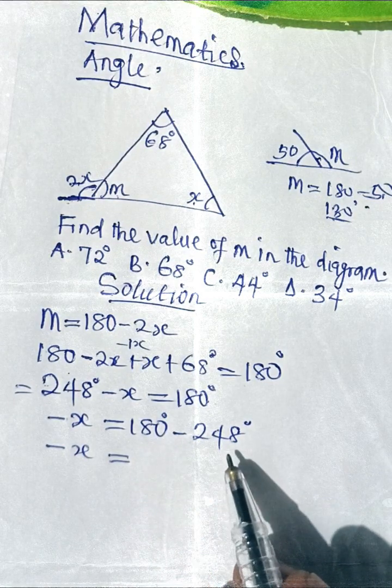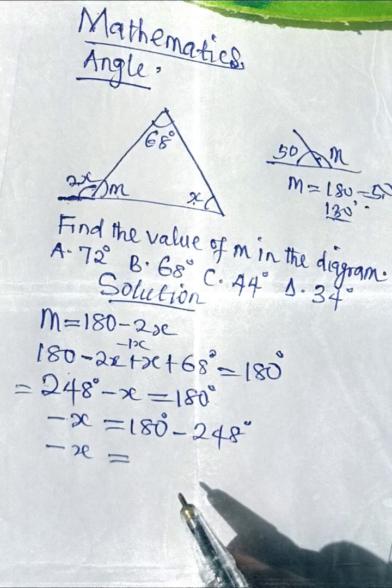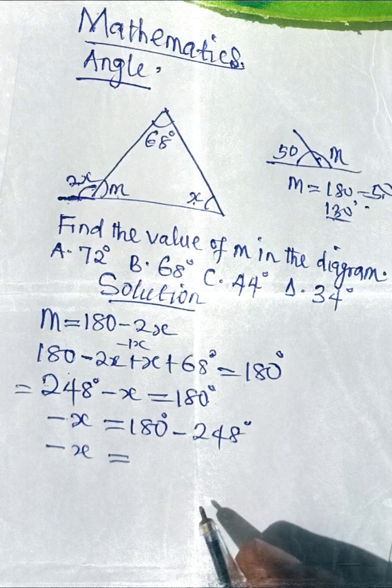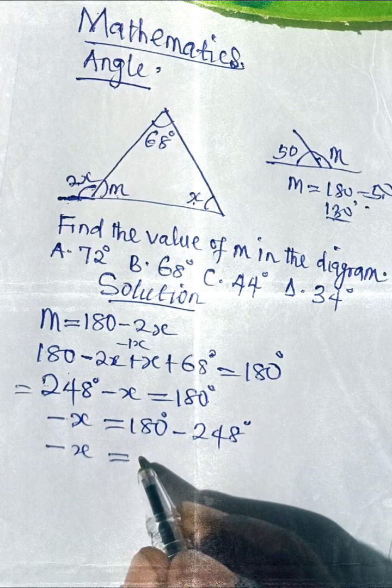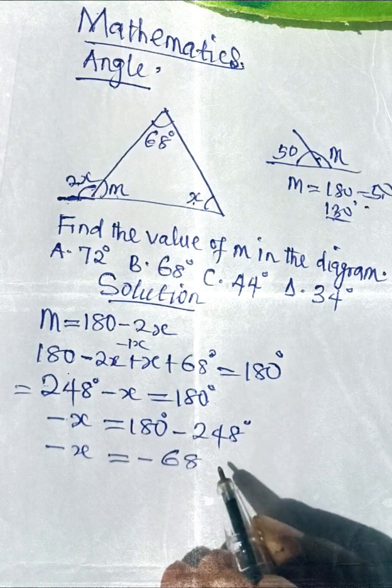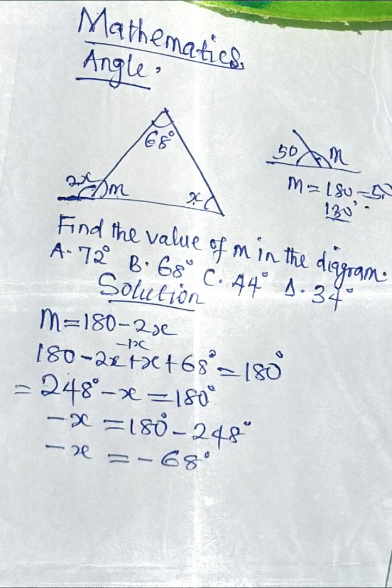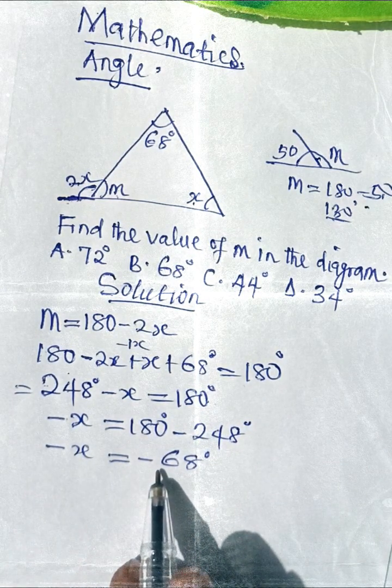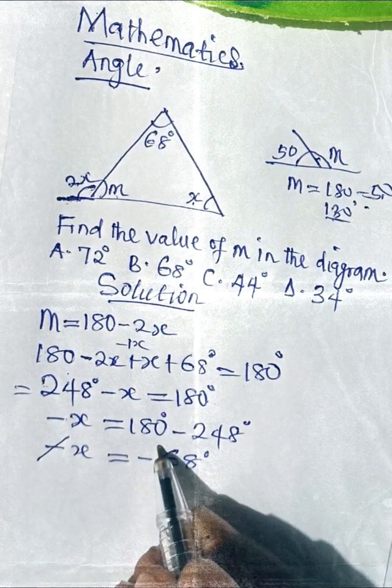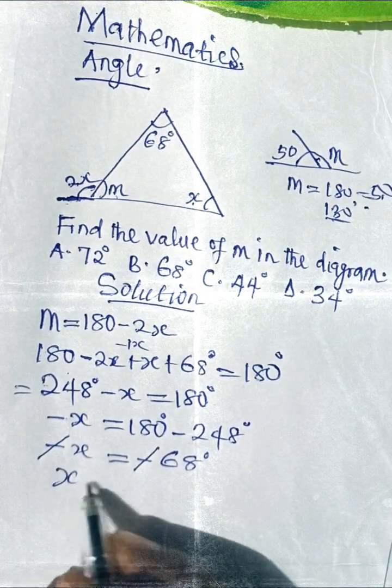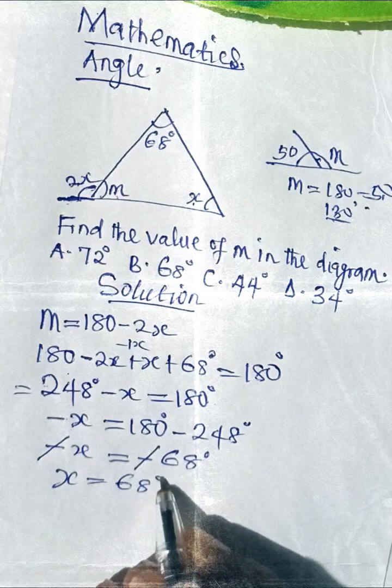Remember that 180 is smaller than 248, so 180 minus 248 will give us 68. So I'm going to have minus 68 degrees. Multiply minus to both sides. Minus will cancel minus. Therefore, x is equal to 68 degrees.